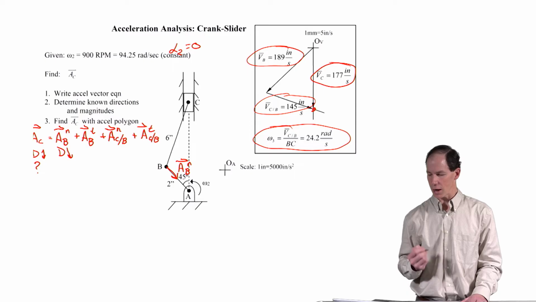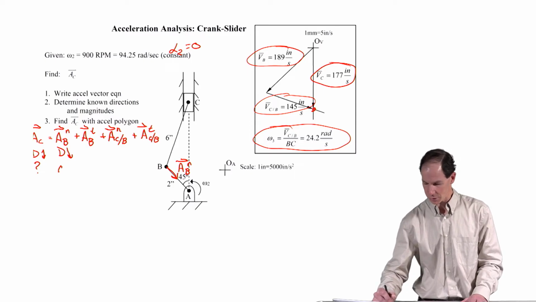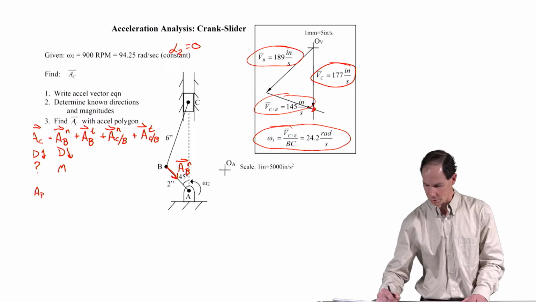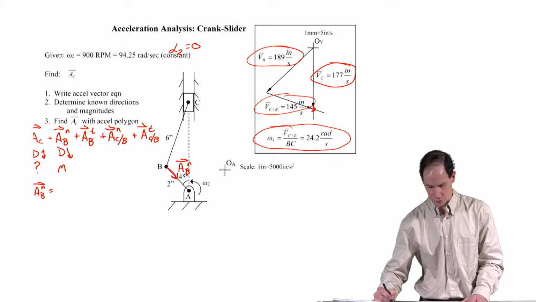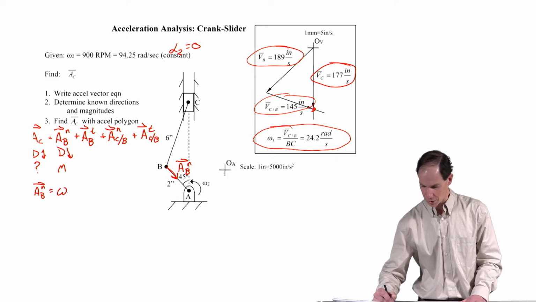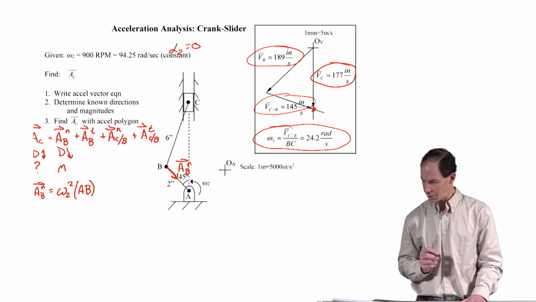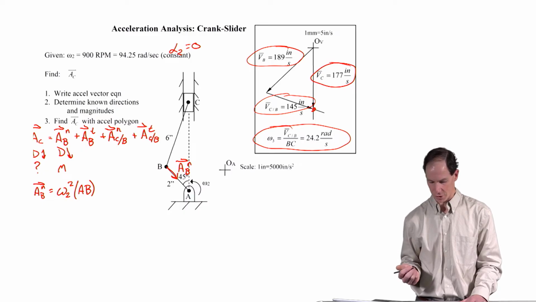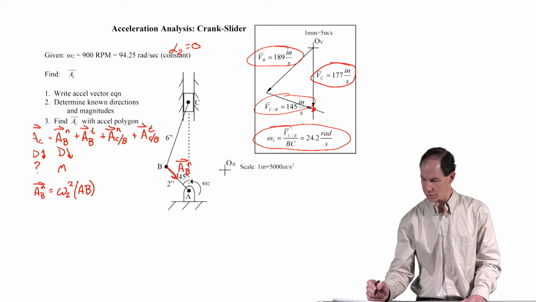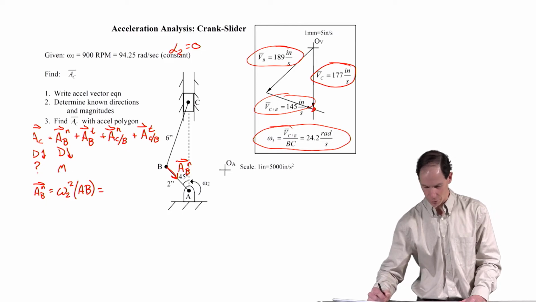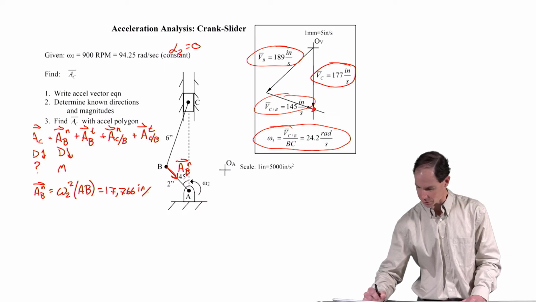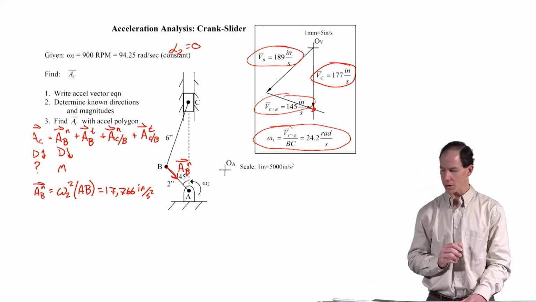I'll know its direction, and I'm also going to know its magnitude, because the magnitude of acceleration of B normal will be equal to omega 2 squared times the distance from A to B. As I measure this out, I've got a distance of 2 inches and an angular velocity of 94 radians per second. So I multiply those out and I get 17,766 inches per second squared. So that's my acceleration of B.